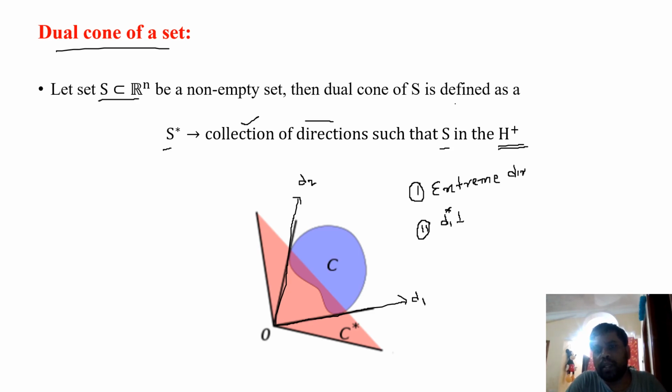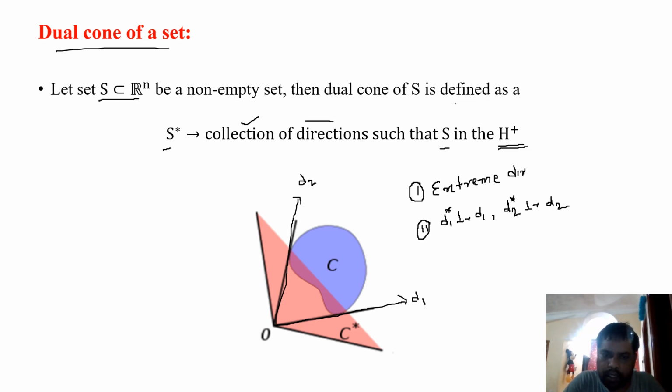So D1 star is perpendicular to the extreme direction of the given set C. Another extreme direction, the dual direction, would be D2 star. So D2 star, again, would be perpendicular to D2, the extreme direction of the given set. So likewise, we have already constructed two extreme directions.